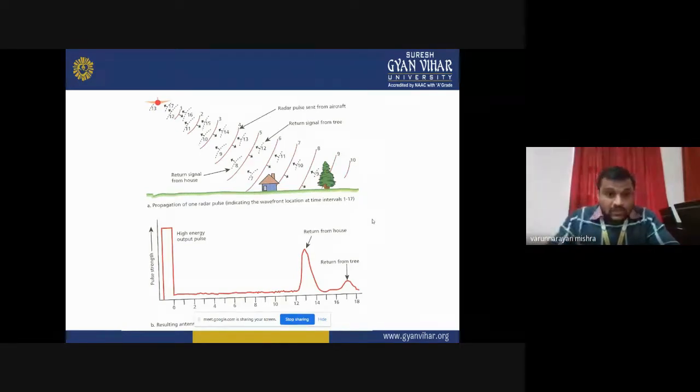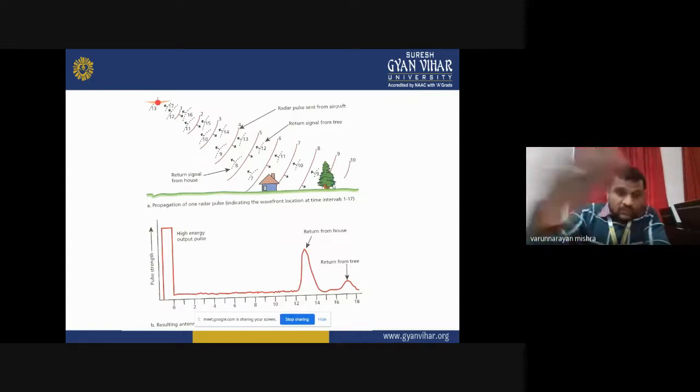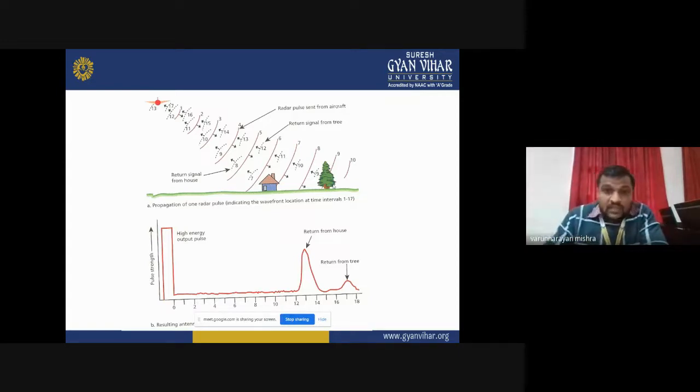So you see the direction of the arrow, the direction which is towards the target is the transmitted pulses, and when it interacts with the target on the earth surface, the return pulses have lower intensity in comparison to the incoming signal.